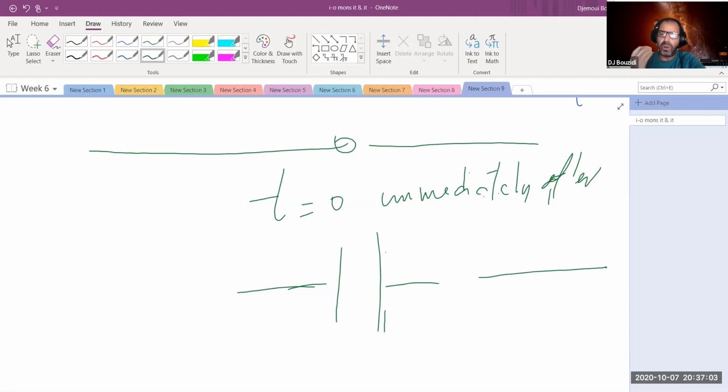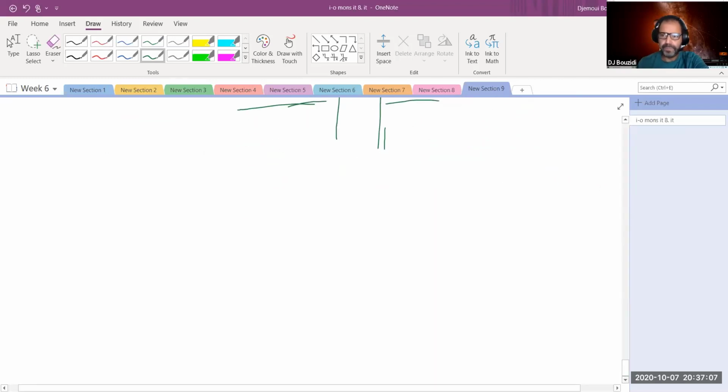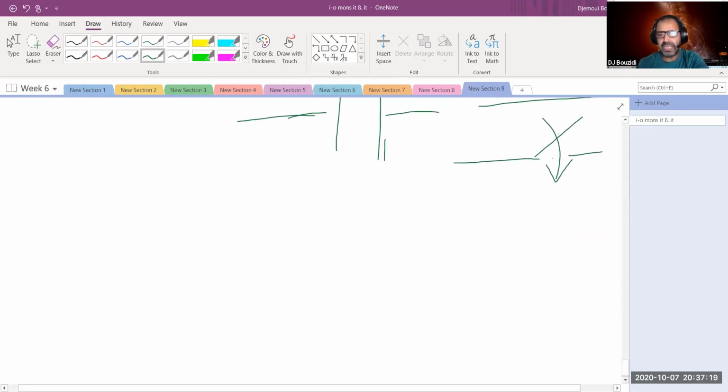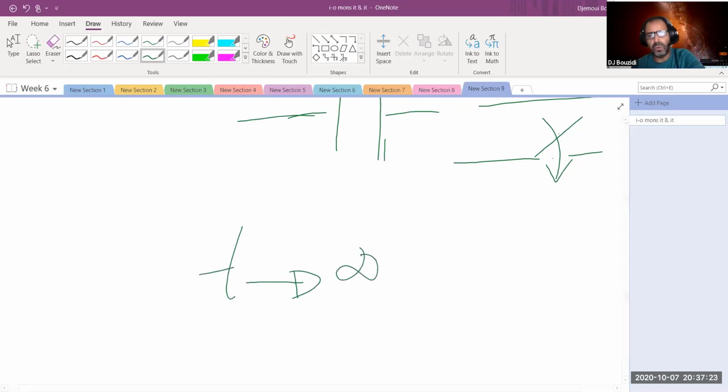Now, if you wait for a long time, it looks like a switch that is closed. So this is how it looks like then. Now, if t is infinite, you wait for a long time. And in a lot of problems they tell you after a long time, or we wait for a long time, or long time after, something like that.